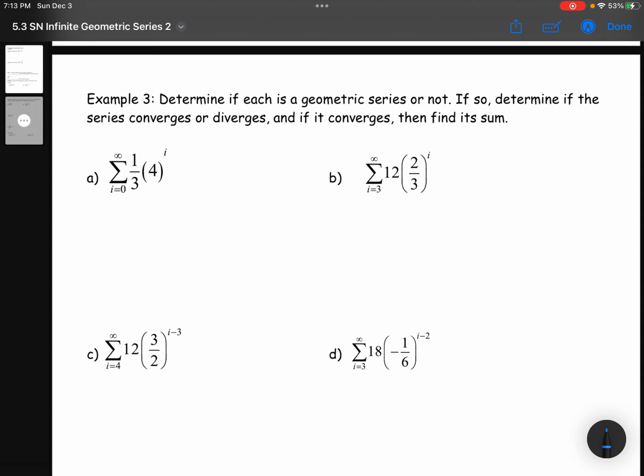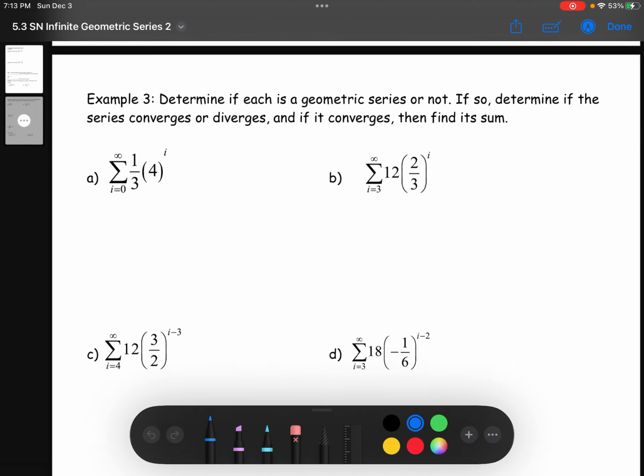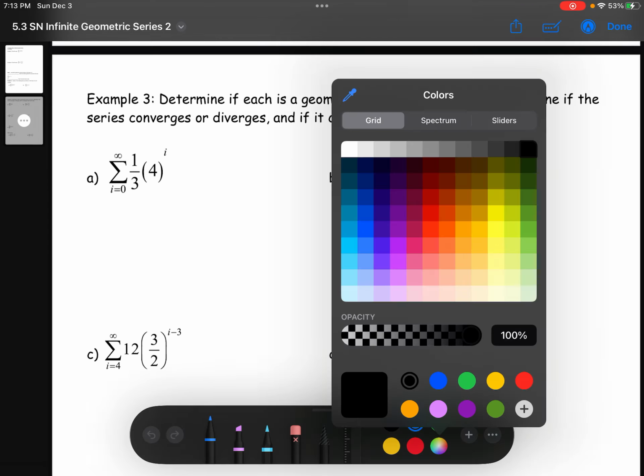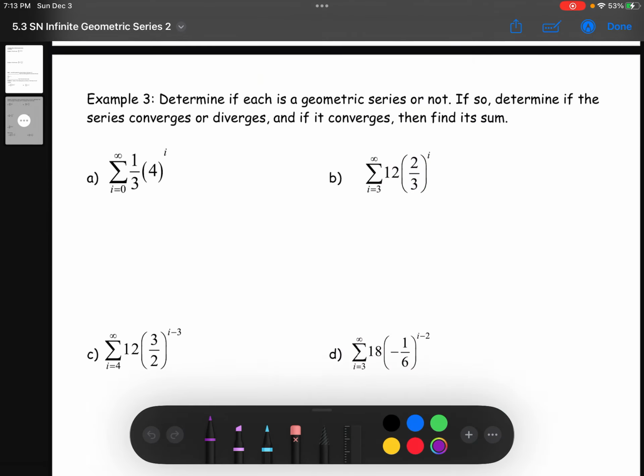So our formula for the sum of an infinite geometric series, the sum from i equals whatever to infinity of an a sub n formula, is a first over 1 minus r.